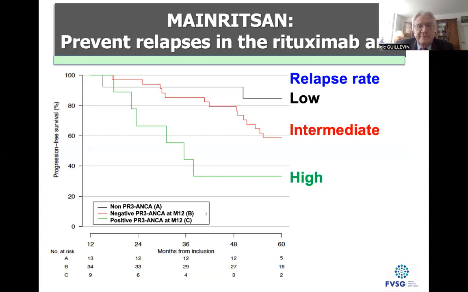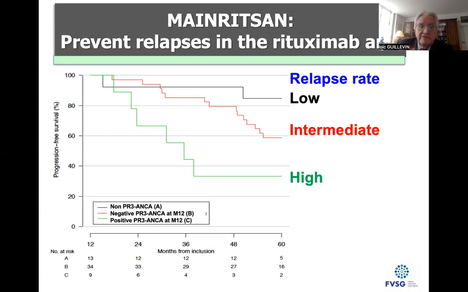There is a subgroup of patients who will relapse very frequently, the patients who have positivity of PR3 antibody at day 0 and who are still positive after 1 year. On the contrary, those who had GPA or MPA without anti-PR3, they relapse very low.